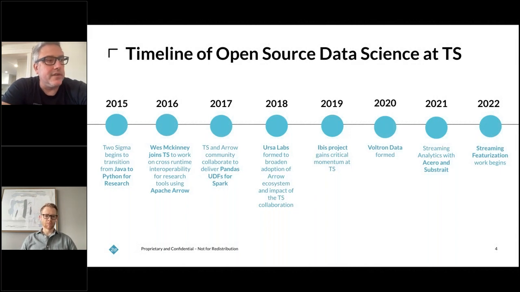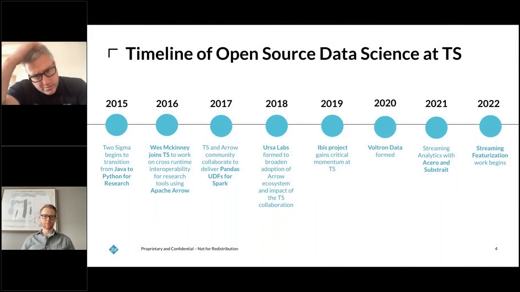Wes and I really shared a vision for the future of data science at that time, and both agreed that we needed to be able to exchange and manipulate data across system boundaries, and that was the key to the future. So we introduced Arrow to Two Sigma and used it as the in-memory format for interoperability across our systems.